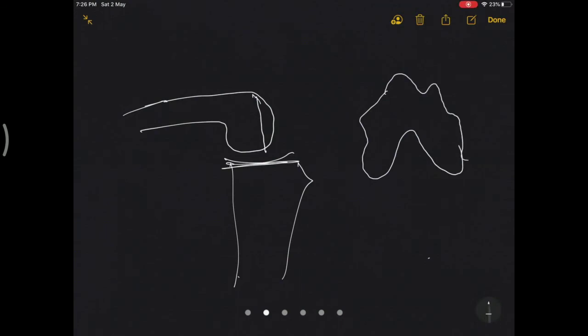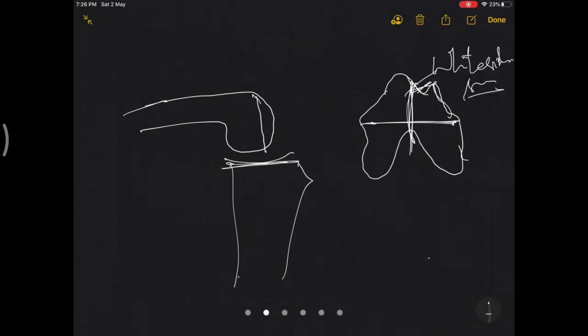Okay, this is the axial profile of the distal femur, and you have a transepicondylar line, and you have an anteroposterior axis of the sulcus. This line is called Whiteside's line, a line along the sulcus of the patellar trochlear groove.